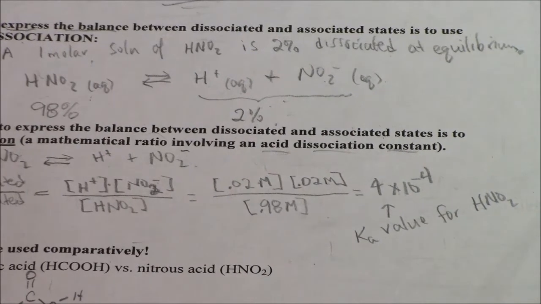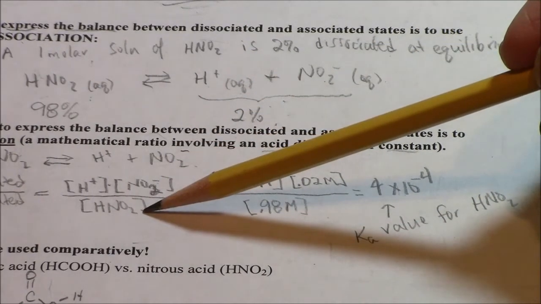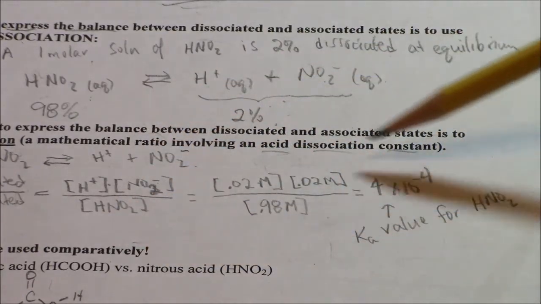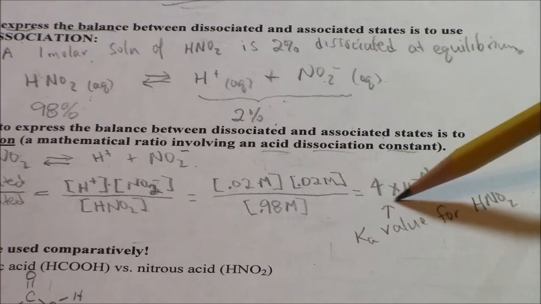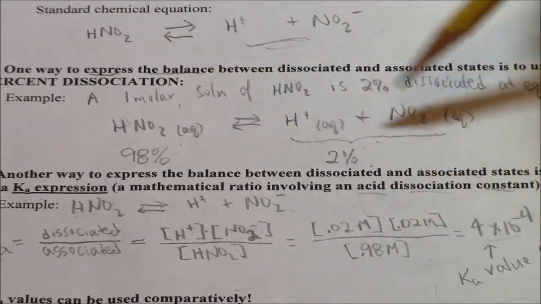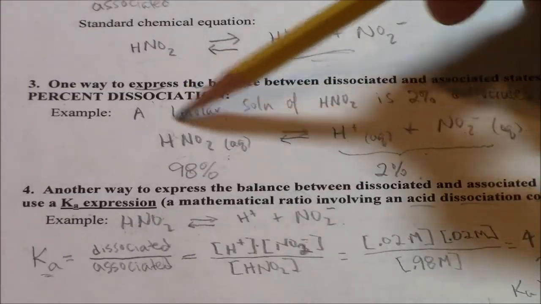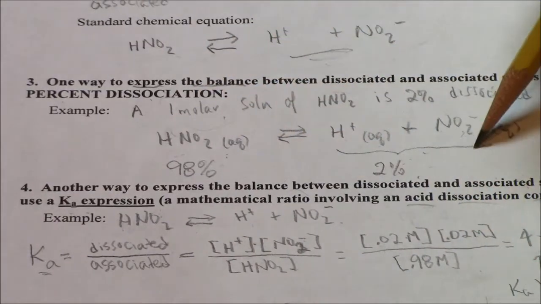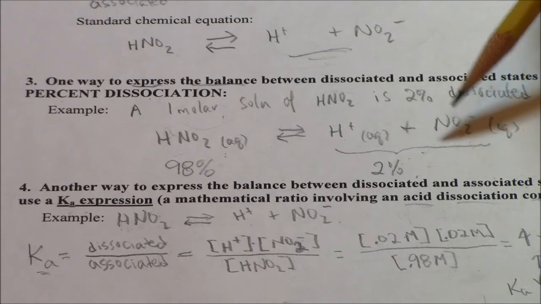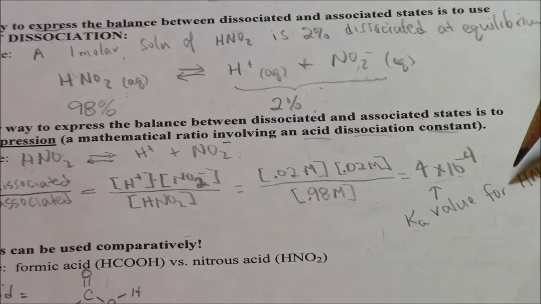It works at any concentration, any molarity of HNO2. This Ka will always be the same value. The ratio when you calculate it out will always be this number. Percent dissociation will not be a constant. If it's not 1 molar, it'll be a different percentage that's dissociated at equilibrium. But Ka is invariant.